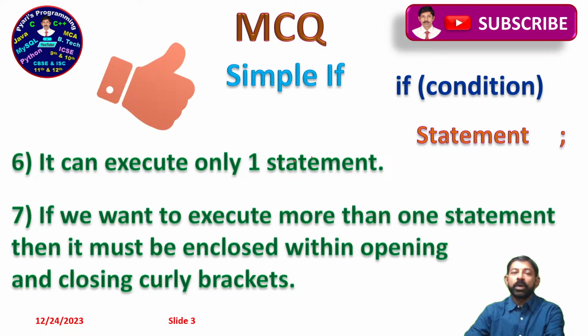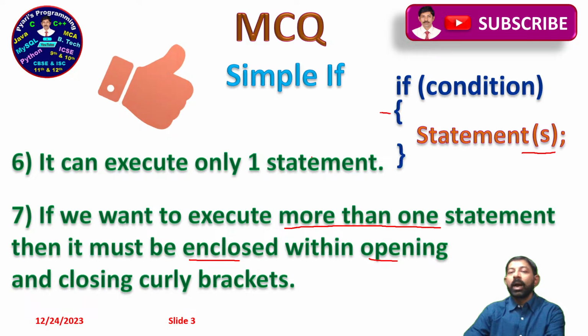I'm underlining the point that we have to remember: if we want to execute more than one statement, it must be enclosed within opening and closing curly brackets. So the syntax will be statement or statements, and it must contain your opening and closing curly bracket.